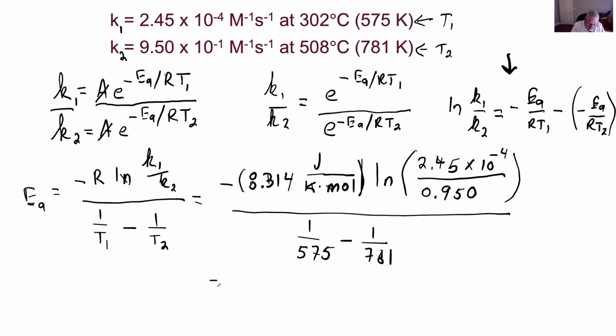And when I do all that out, it tells me that I get 150,000, and my units are now in joules per mole because, oh, I didn't write them. The two temperatures are in Kelvin. I said they were in Kelvin, but I didn't write the Ks. So let's do that. The Kelvins from the bottom and the Kelvin up here will cancel. So we would usually call that 150 kilojoules per mole.